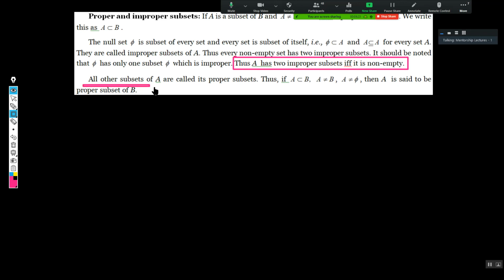So all other subsets of A are called its proper subsets. Thus, if A is a subset of B, A is not equal to B and A is not equal to phi, then A is said to be a proper subset of B. That is what you have to understand.